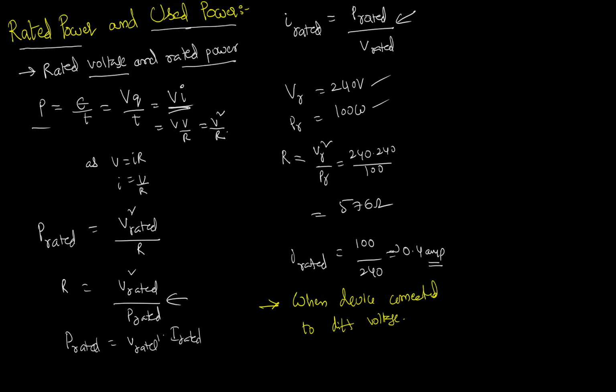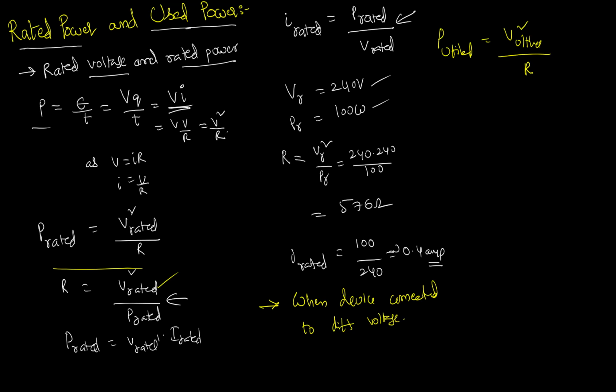In that case, we can write the formula for the power developed or utilized as voltage utilized square by resistance, because resistance is constant.